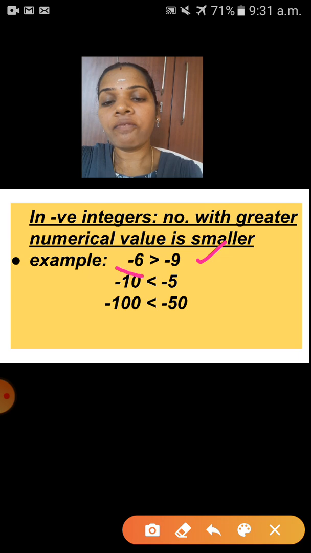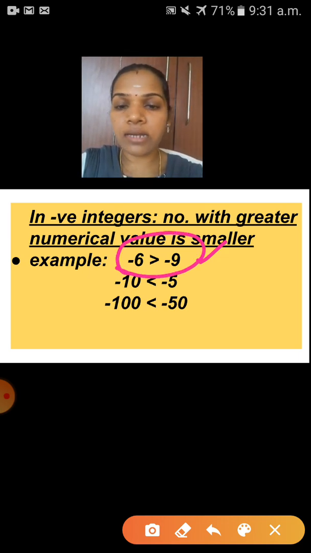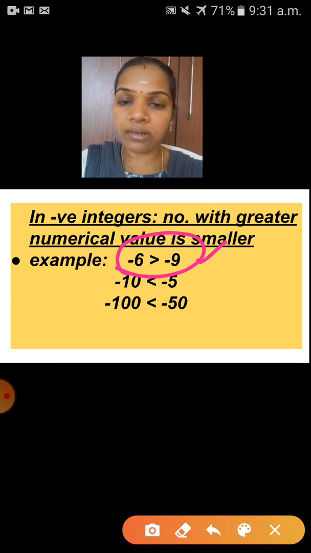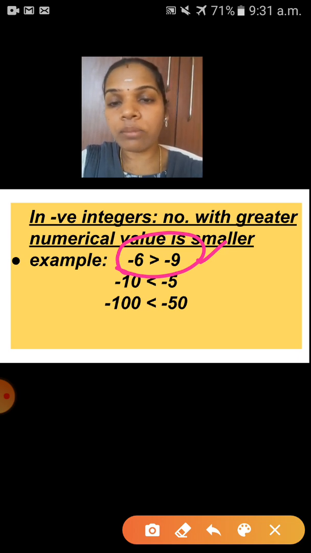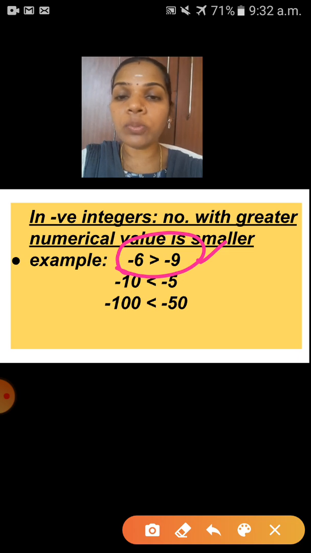First one you have to see here, -6 and -9. Here which one is greater? So first you have to see the number. See this number, 9 and 6. Which one is greater numerically? Yes, 9. But here both numbers have a negative sign. So see this point here: the number with greater numerical value is smaller.